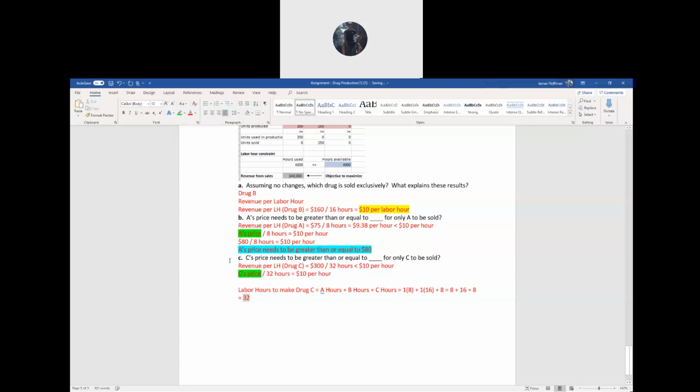Okay, so we need to figure out C's price. If you divide it by 32 hours to make it, that gives us $10 per hour. So that's going to be 320, right?